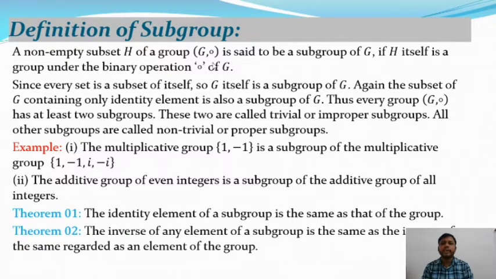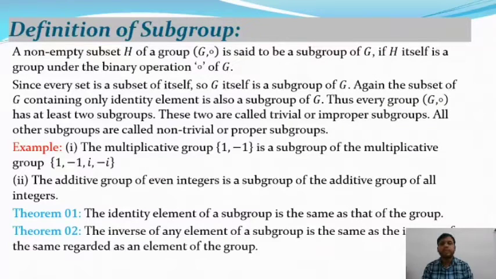In that section, H is a non-empty subset of G and H is itself a group under the binary operation composition. That means H composition satisfies the four properties of a group. That means H composition is closed, it is associative, it satisfies the identity property, as well as it has inverse.